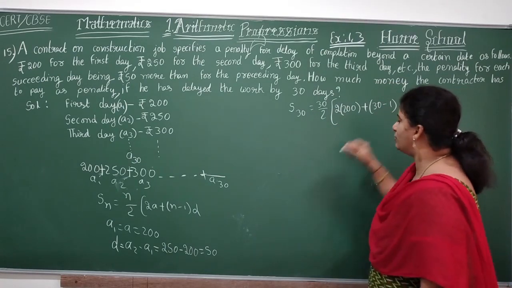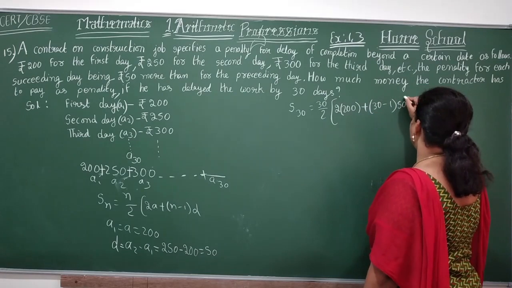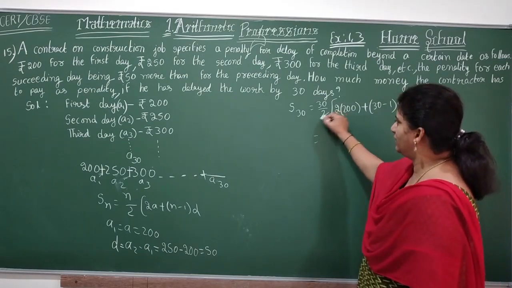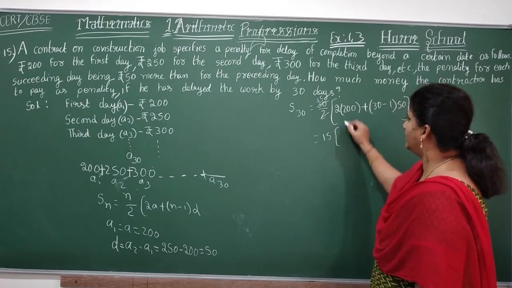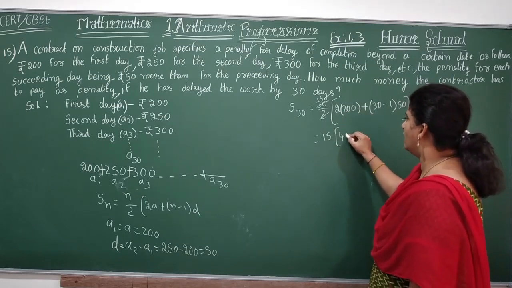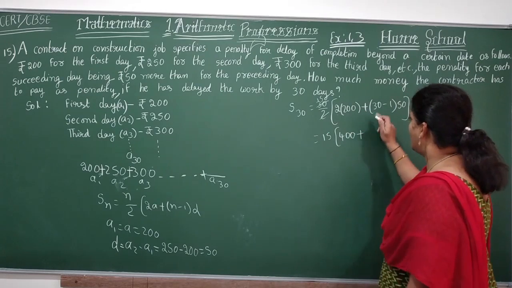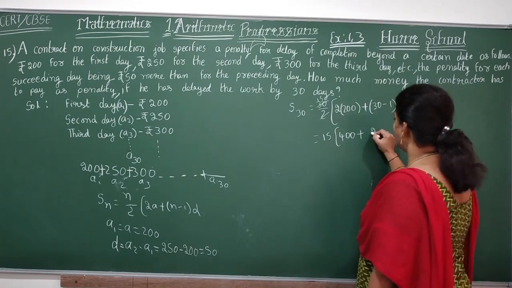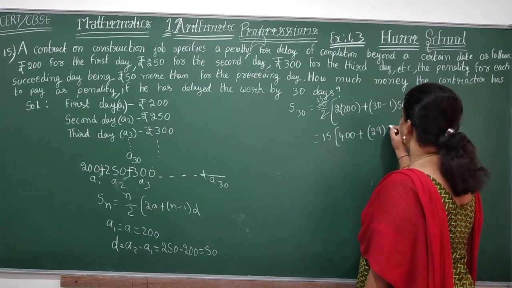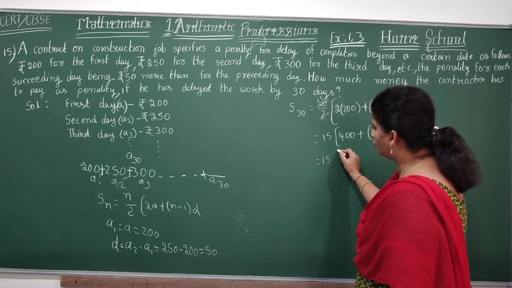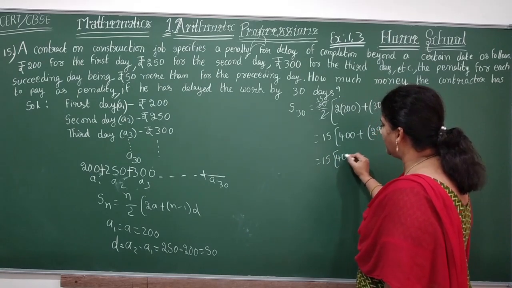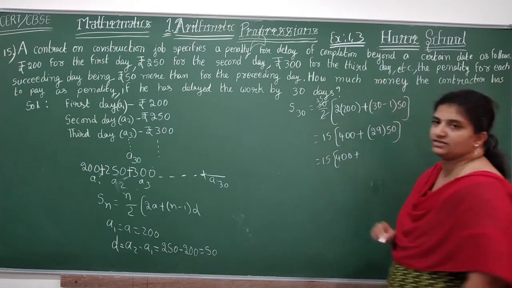Now d is how much here? 50. That will be 2 1s are 2, 5s are 15 into 400 plus 30 minus 1 is how much? 29 into 50. We go wrong only in the multiplications or additions here, children.